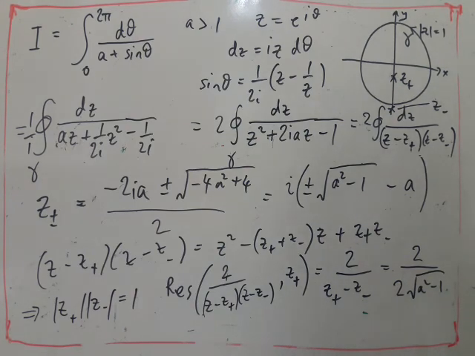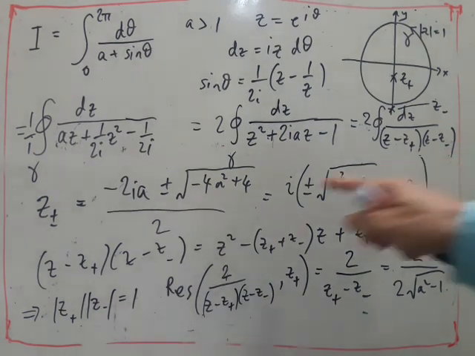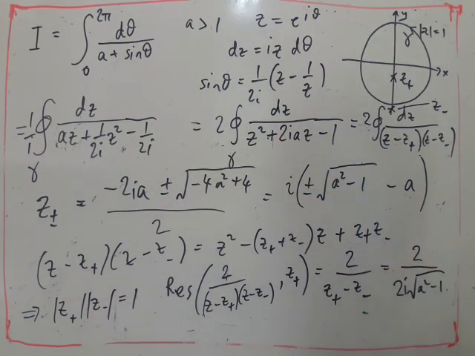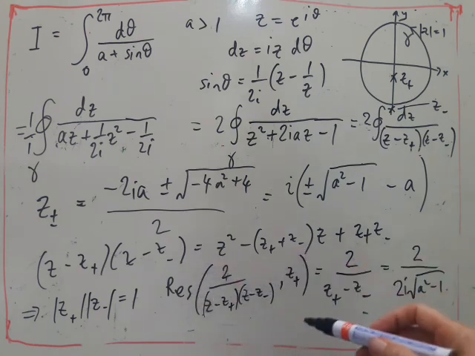So the final answer is, I've lost an i somewhere. Oh yes, I got an i from there, so there's an i at the bottom there. So the final answer is 2 pi i times the residue.